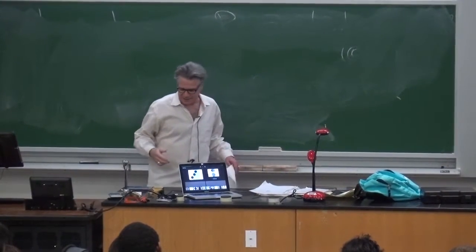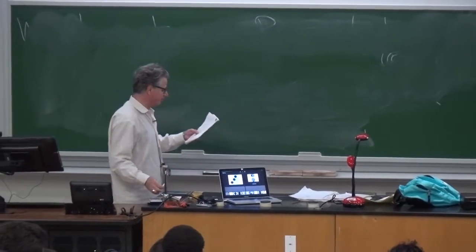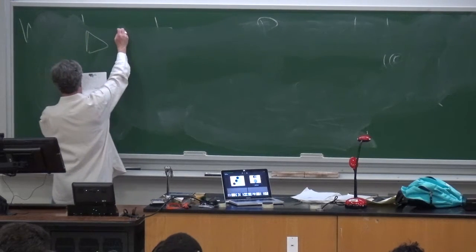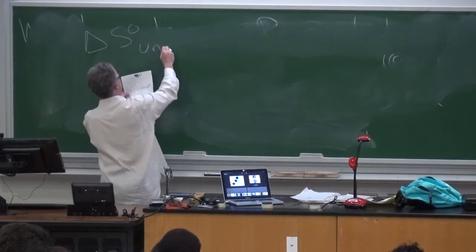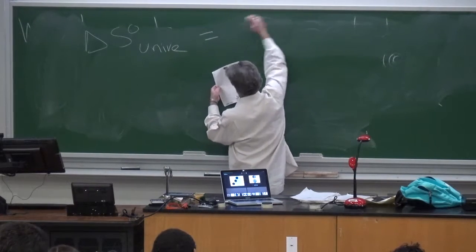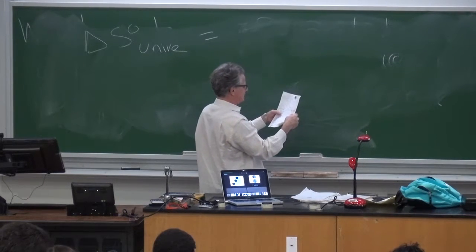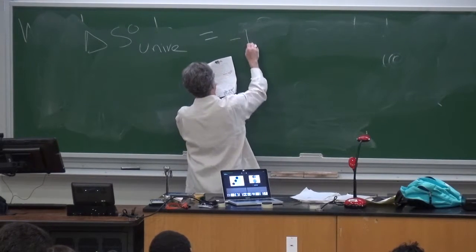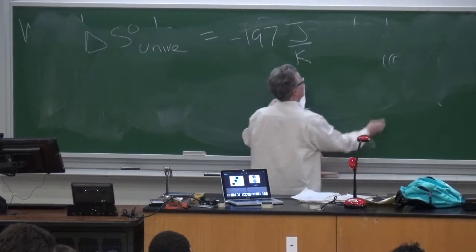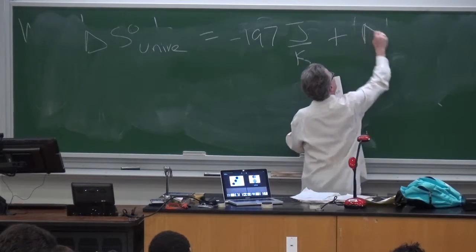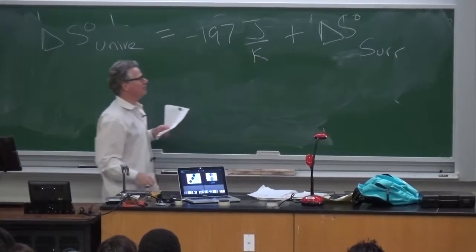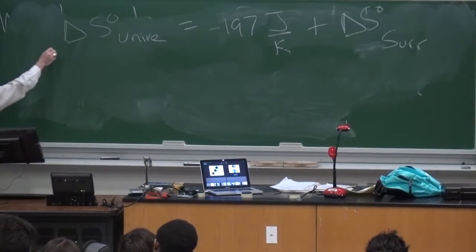And that negative delta S is not helping us make this reaction product favored. But now we've got delta S of the universe is the delta S of the system, which is our minus 197 joules per Kelvin, plus delta S of the surroundings. So this is the fun part. What we're trying to do is calculate this.